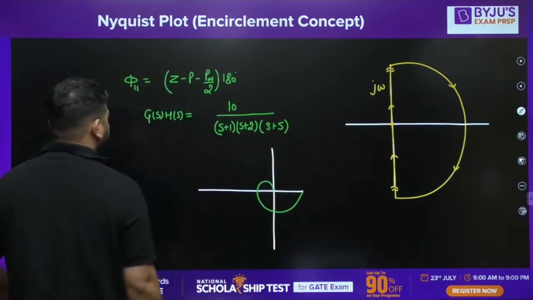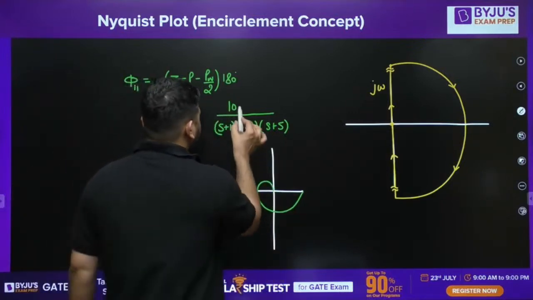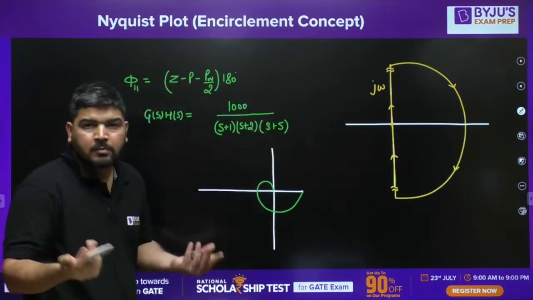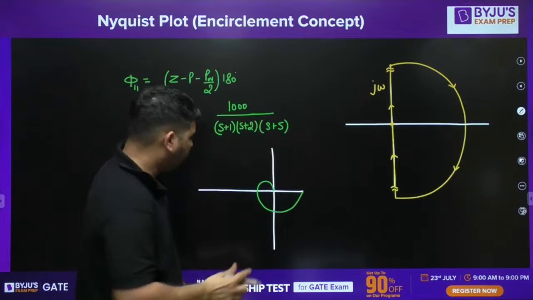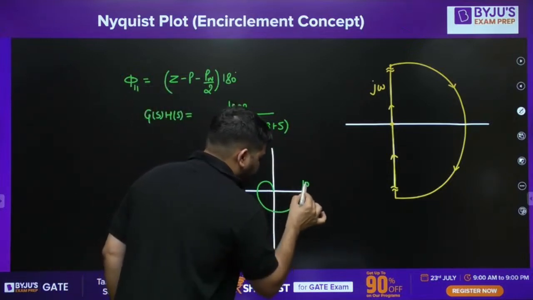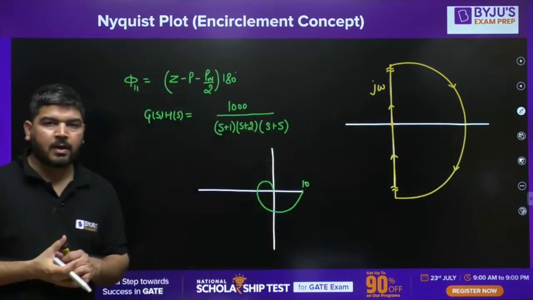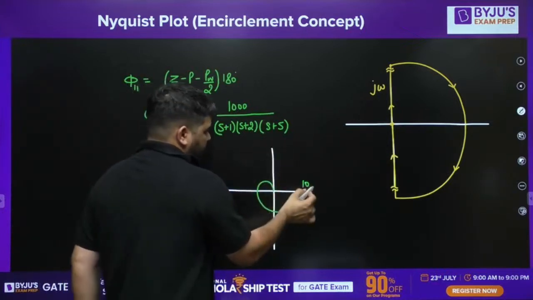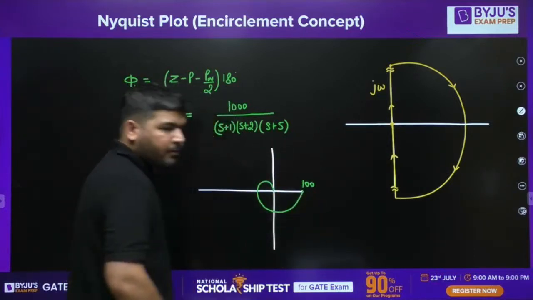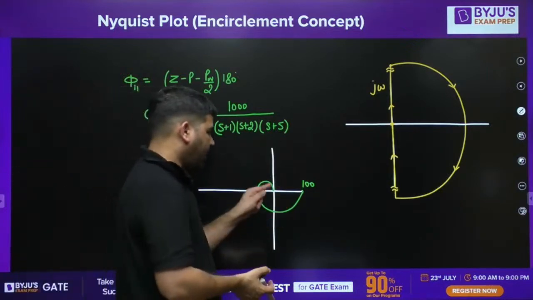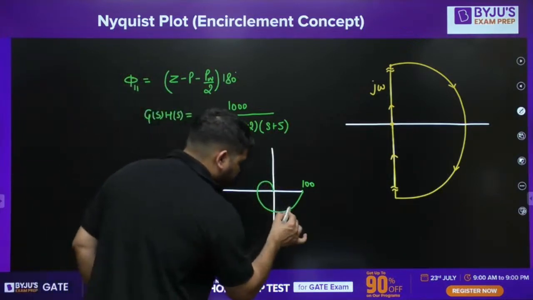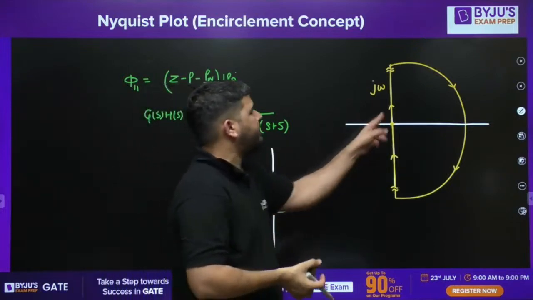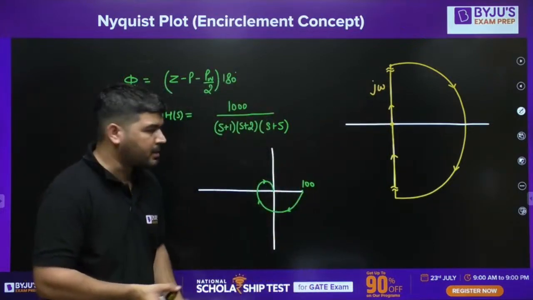Let's take K maybe 1000 for the time being. So it will start from 100, I suppose, and it will go like this. This is the mapping of this j omega axis in the G(s)H(s) plane.